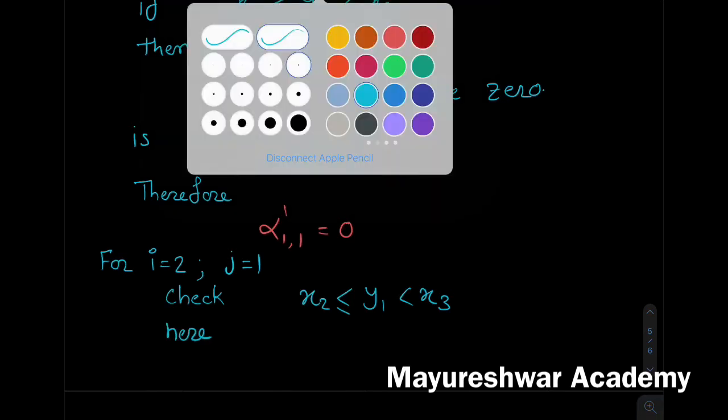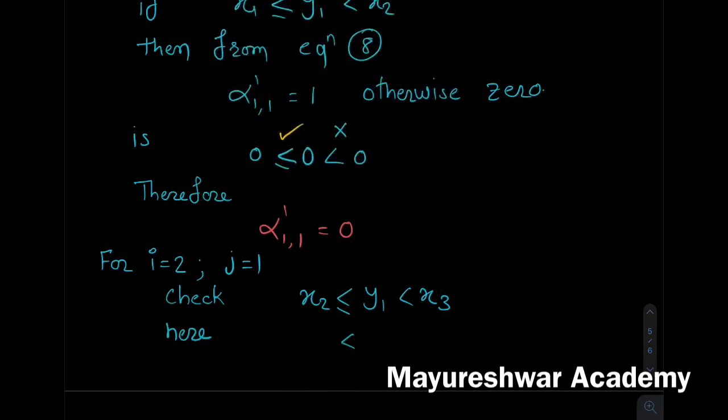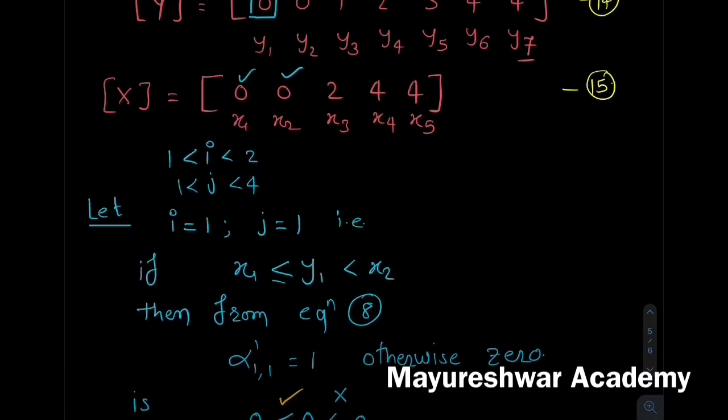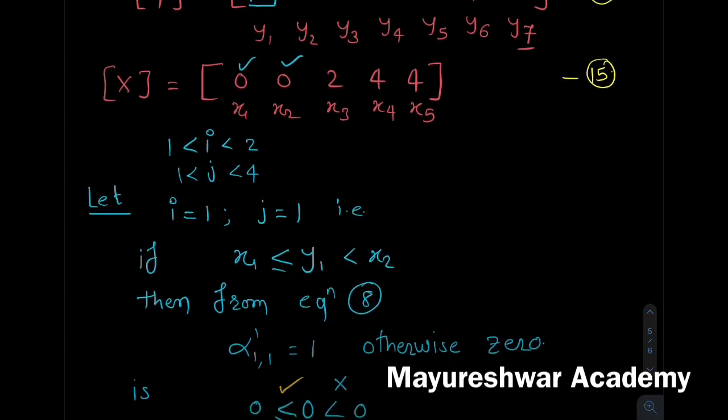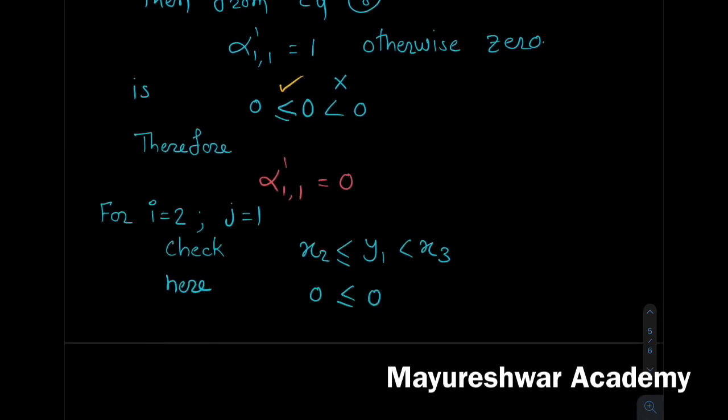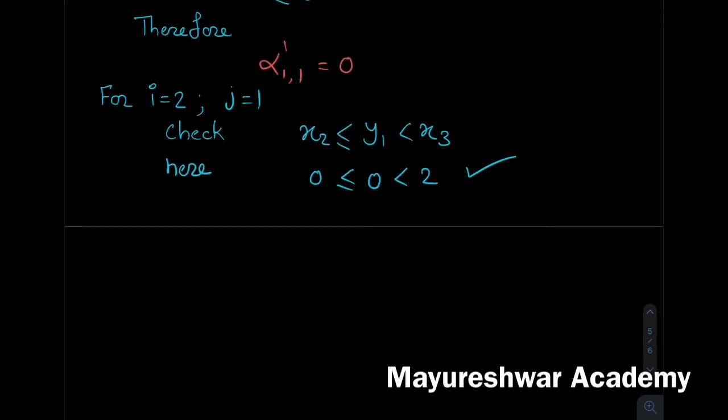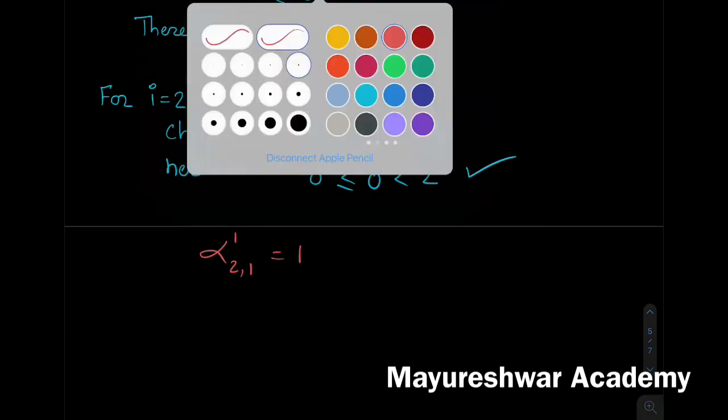For the current problem, y1 is 0, x2 is 0, and x3 is 2. Is that a fit? Yes, it is. So the value of alpha with i equal to 2 and j equal to 1, alpha 2,1, is unity.